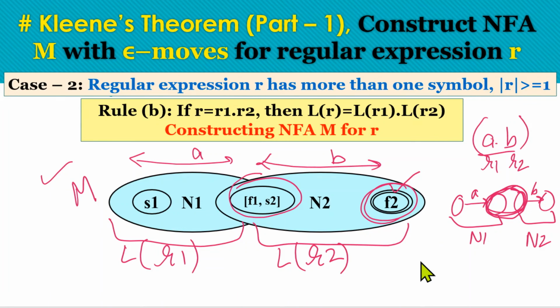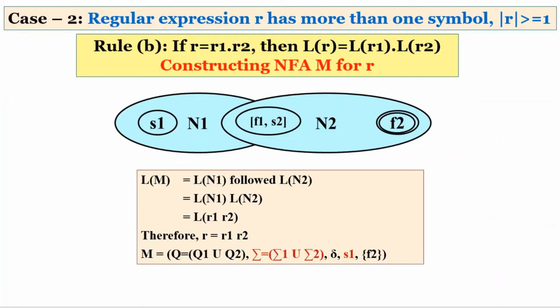For the second regular expression, if the expressions are in concatenation, this is the rule to define it. Here is the proof that the language of machine M is equal to the language of the regular expression. We have the language of N1 followed by the language of N2, so we rewrite them in concatenation, where the language of N1 is R1 and the language of N2 is R2.